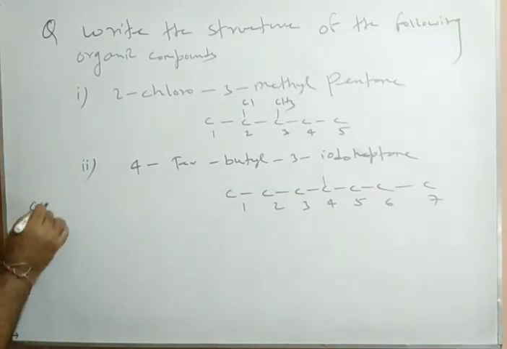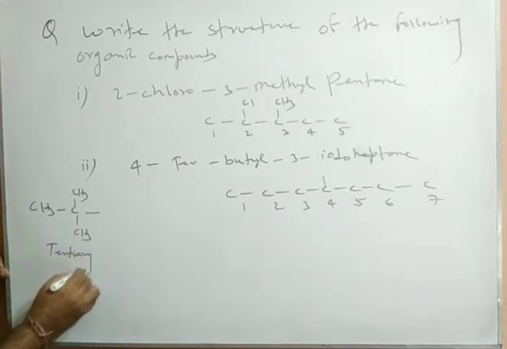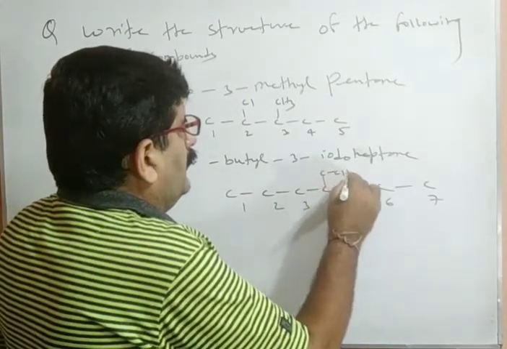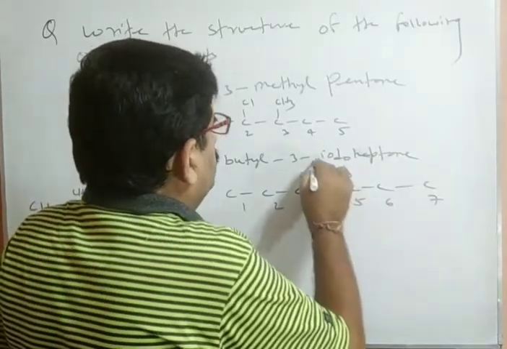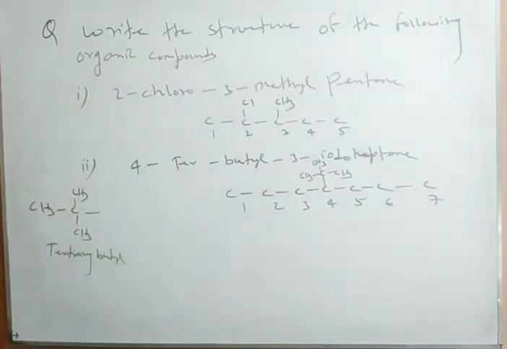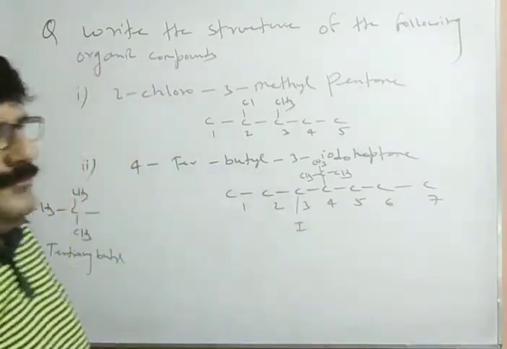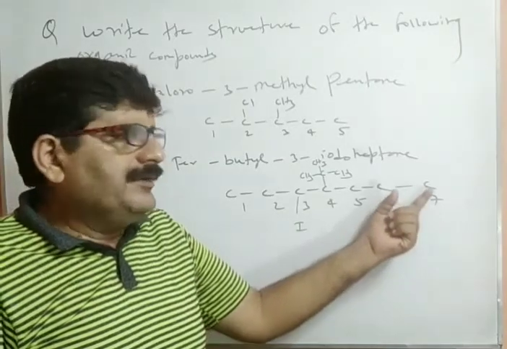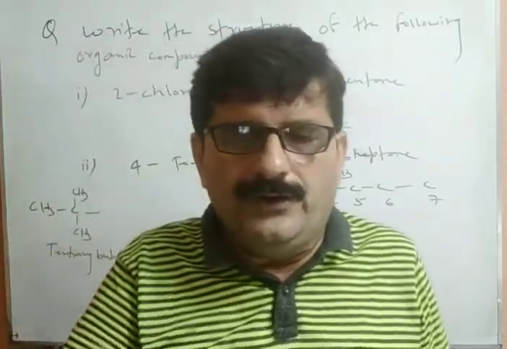You know very well this group is said to be what? Tertiary butyl. So we link tertiary butyl at carbon 4, and iodo at carbon 3. And the carbon atoms are satisfied by hydrogen atoms, because a carbon atom has 4 hands.